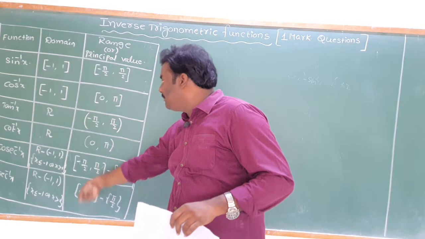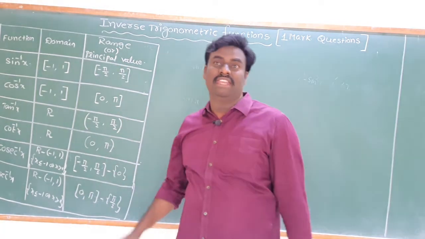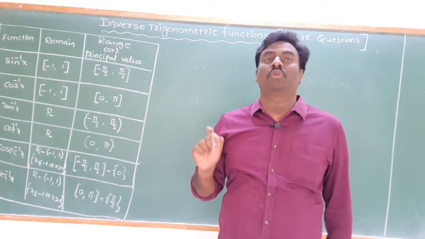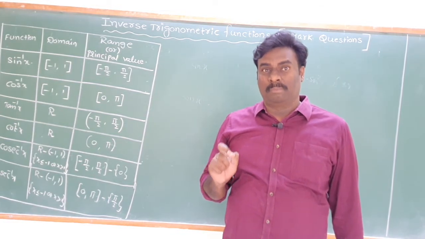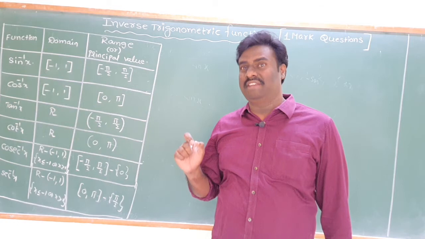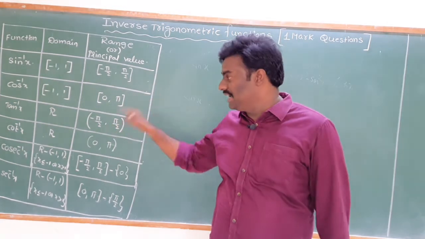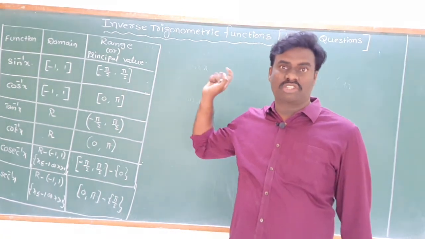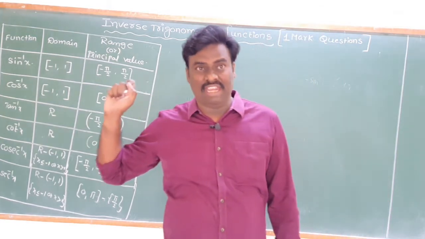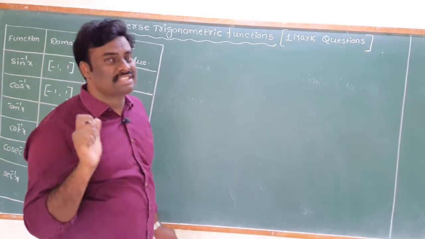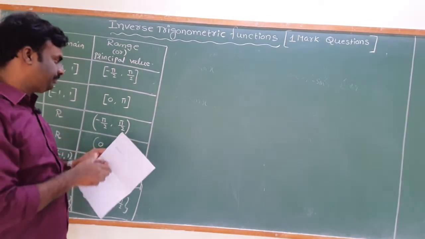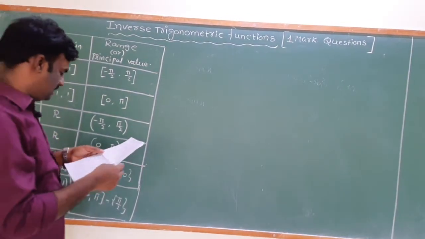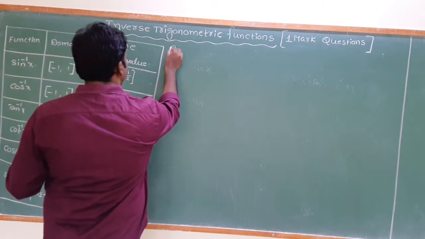So 6 plus 6, totally this table gives 12 one mark questions. Maximum 1 mark questions they will ask from this table only. So first you prepare this table perfectly, and you can get the answers for 12 questions. Okay. Next, we will discuss the first question.